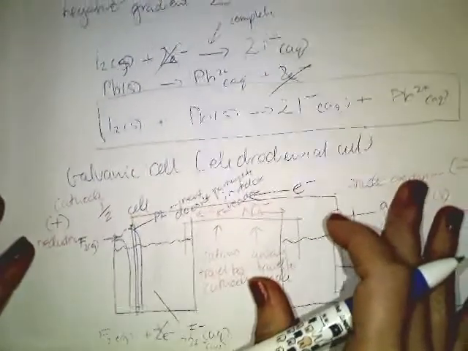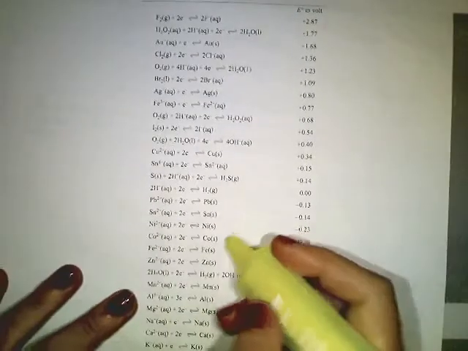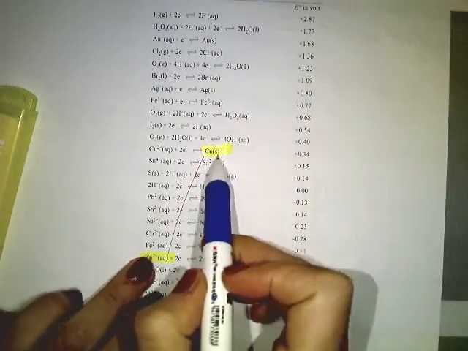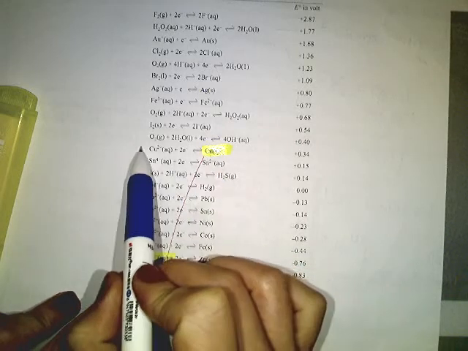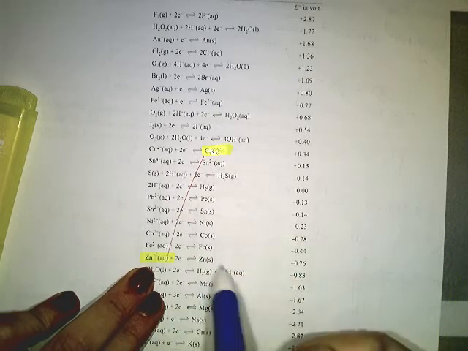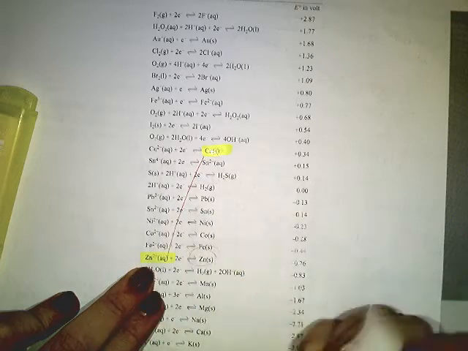Okay, now let's talk about why positive gradients are not spontaneous. Okay, so if we look at a positive gradient such as zinc 2 plus and copper, sort of the opposite of the Daniell cell, even if it were to occur, that copper would be oxidized into a stronger oxidant. That zinc would be reduced into a strong reductant, and they would undergo a spontaneous reaction.